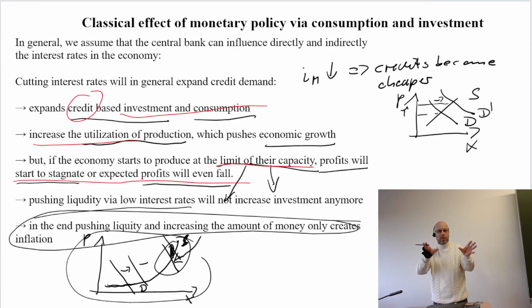And this is quite good explainable via our quantitative theory of money, because we cannot, due to the limit of capacity, increase production, our Y, anymore. On the other side, money is still very cheap, and then we have this one-to-one mapping, because the velocity of money only changes very slowly during time.